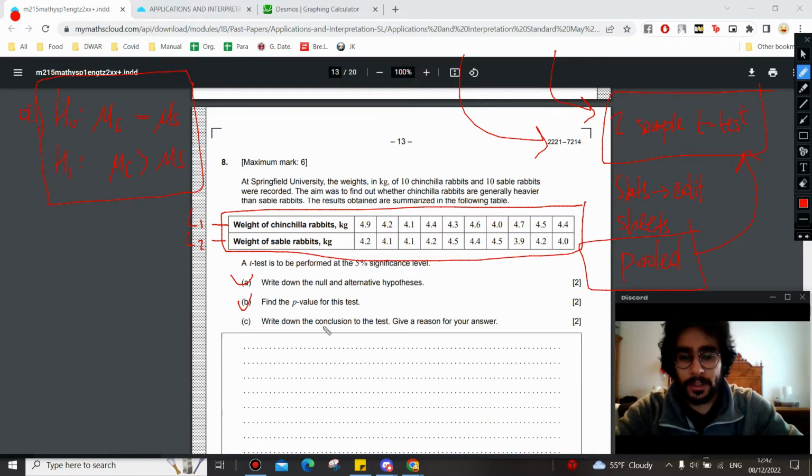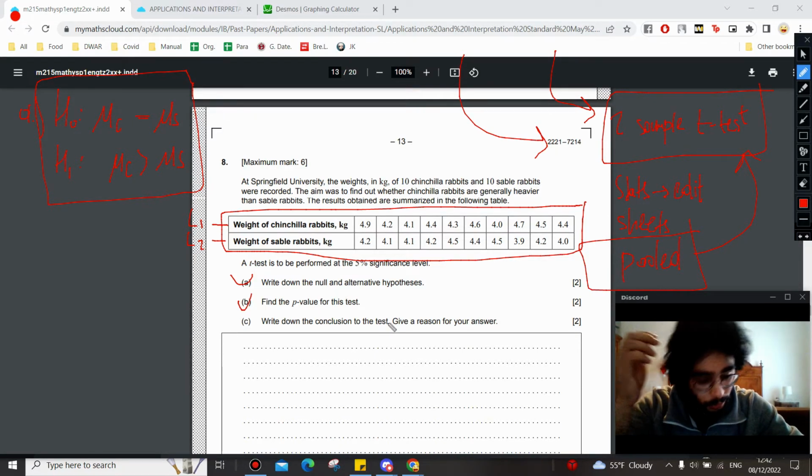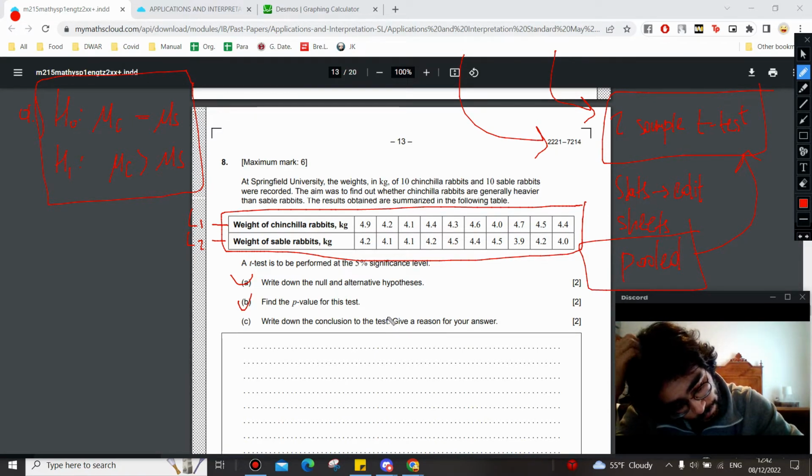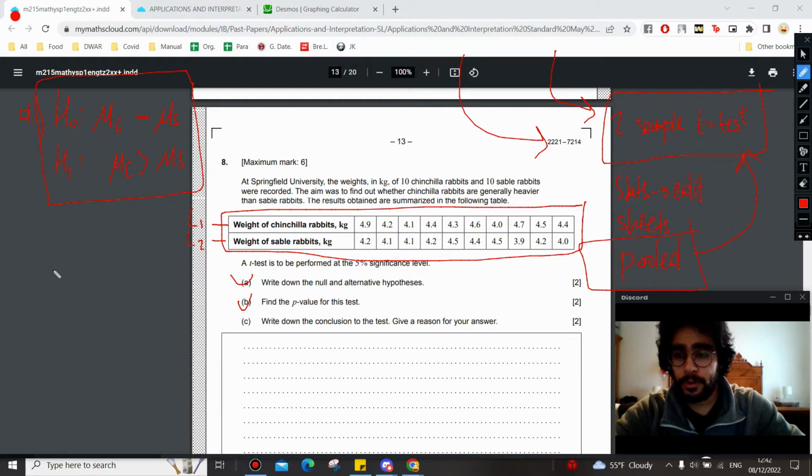Write down the conclusion to the test, give a reason for your answer. Well, conclusion works in the following way. If my p-value is less than my significance level, then I would reject my H0. In other words, I have to write down that there is insufficient evidence to accept my H0.